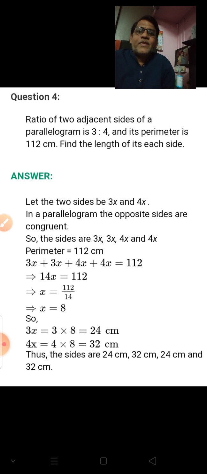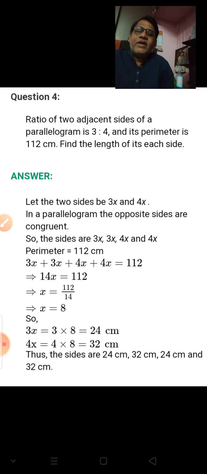Here the ratio of adjacent sides and the perimeter are given, so by using the perimeter formula you can find the adjacent sides also. Let the two sides be 3x and 4x, because they are multiples of x. In a parallelogram the opposite sides are congruent, so the sides are 3x, 3x, 4x and 4x.